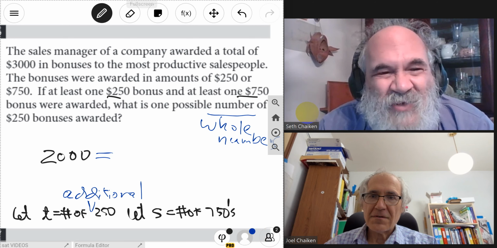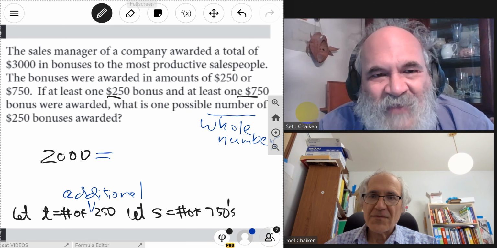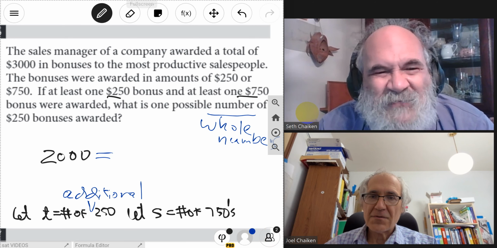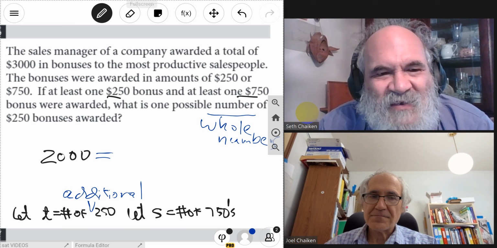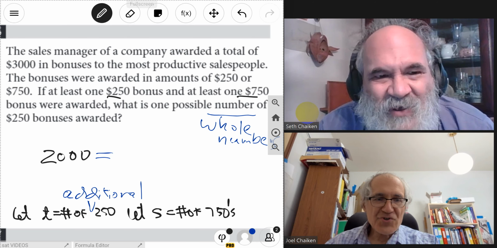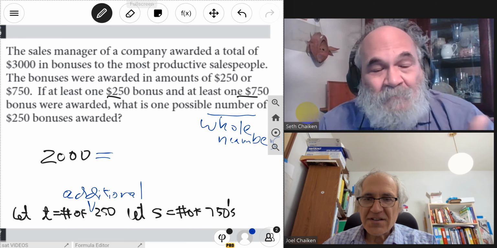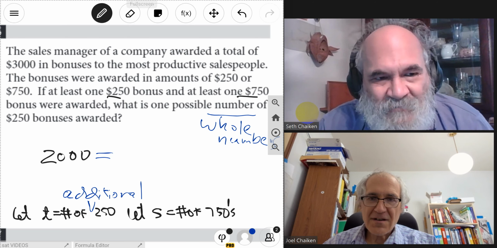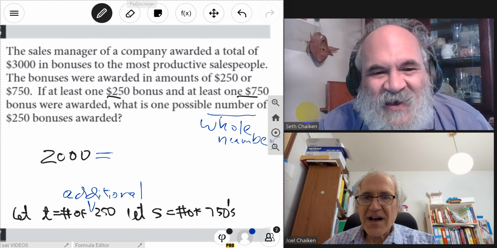If we take $1,000 off at the beginning, one pitfall is that we might calculate a possible number of 250 bonuses that are over and above the one that we took off. Tricky. So we have to remember to add 1 once we figure out what T and S are.